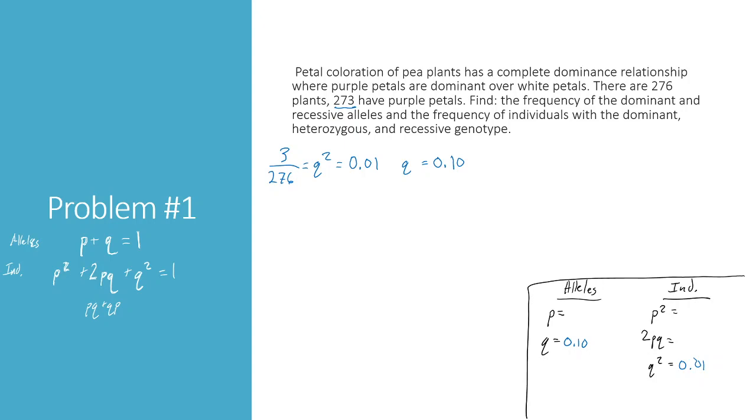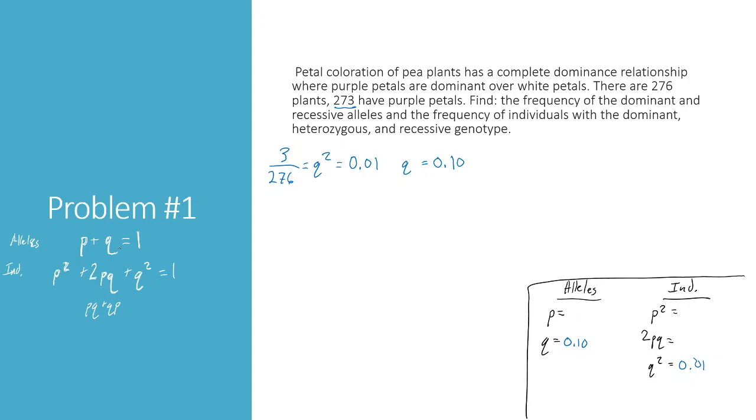And hopefully that makes sense. About 3 out of about 300. So there's some rounding going on. Okay. We still want to find all of these other terms from our equations. So I'm going to start with finding the frequency of the dominant allele. And you might know pretty quickly that if 10% of the alleles are the recessive allele, then 90% of the alleles are the dominant allele.